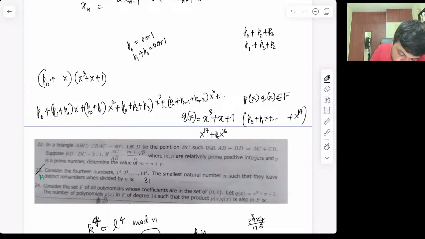Let's just see. Obviously P0 can be 0 or 1. If 1, it won't work. x plus 1 into x plus 1 will give you x square plus 2x plus 1, which has a 2 there. It's not possible. So there's only one solution.